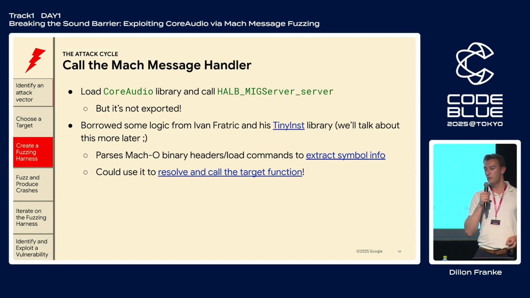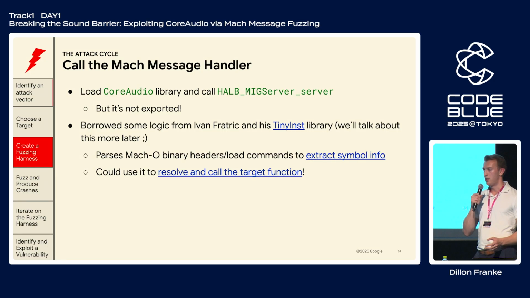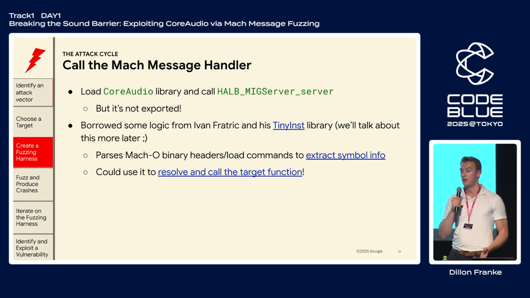Cool. So we knew where the message handling was happening, but now we needed to figure out how to actually call this code directly. That becomes a little bit difficult because this symbol is not exported. So we can't just dlopen and dlsym it.